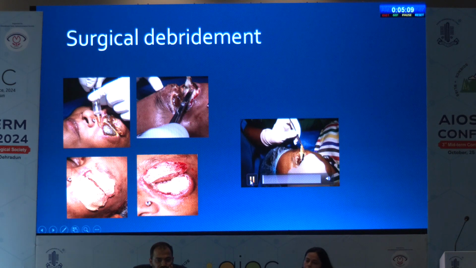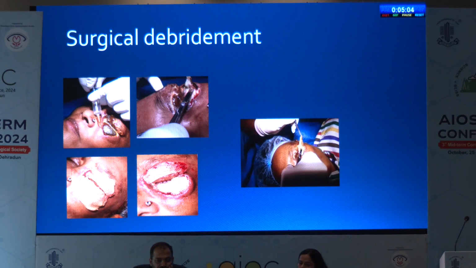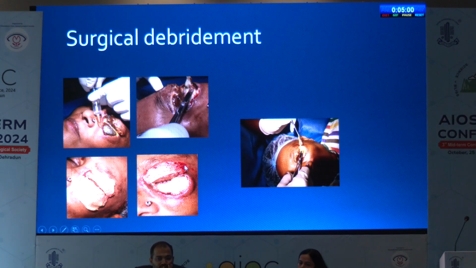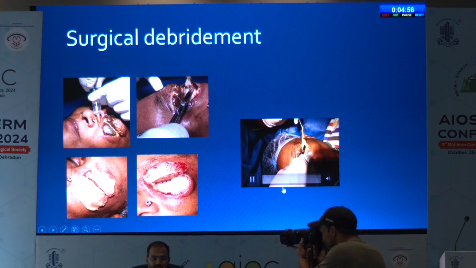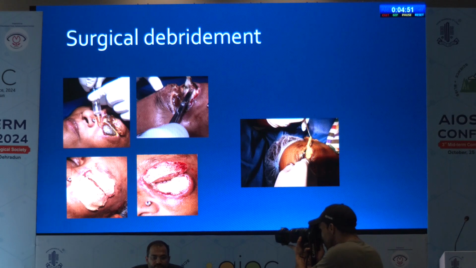Every day we used to do the cleaning until there was appearance of healthy granulation tissue, as seen in this picture. When the healthy granulation tissue appeared, we stopped the dressing.